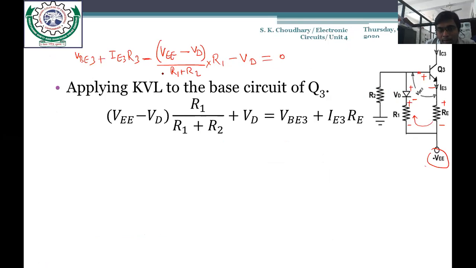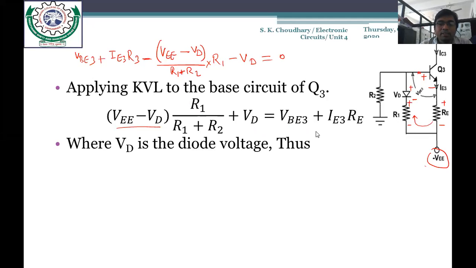When we take this to the other side of the equal sign, it becomes VEE minus VD R1 upon R1 plus R2 plus VD is equal to VBE plus IE R2. From this equation, we can easily derive the equation of IE3.